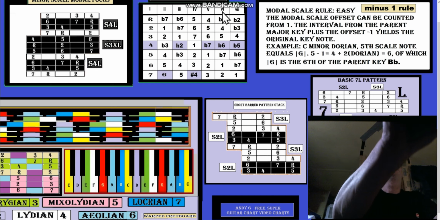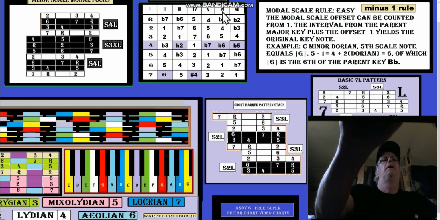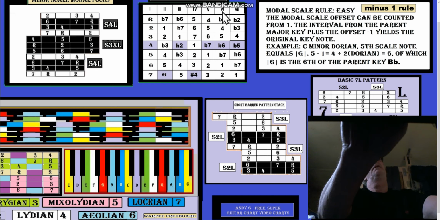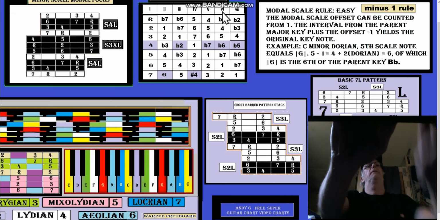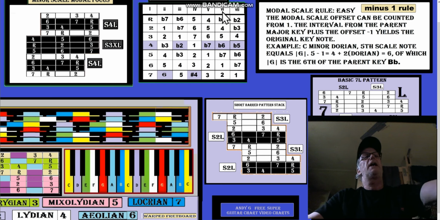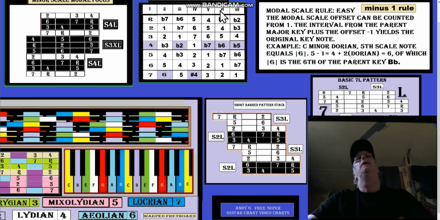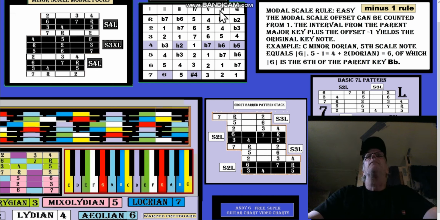So this is the relative sixth of, okay, so it's down here, right? 6 is up here. So here we're in the 6th column, R1. So we go 1, 2, flat 3, 4 to 5, right?